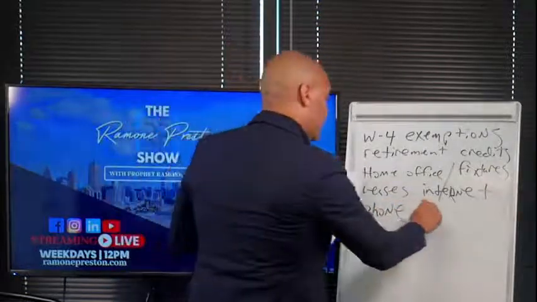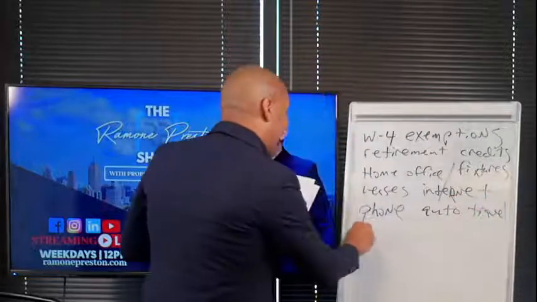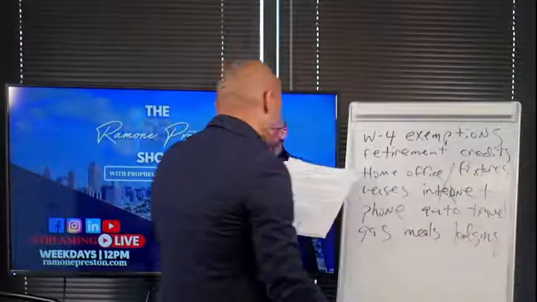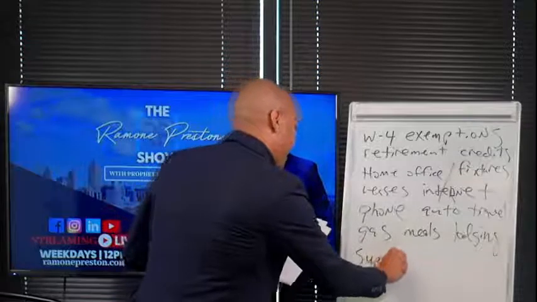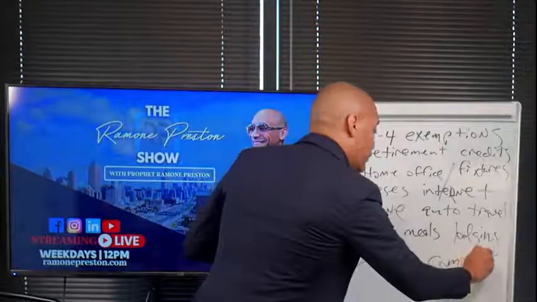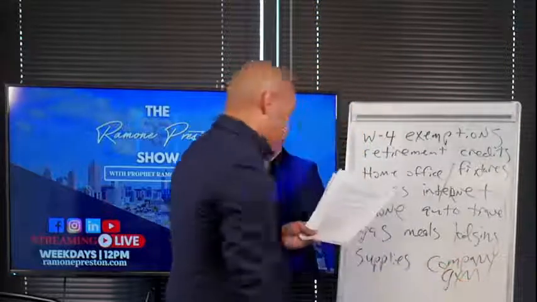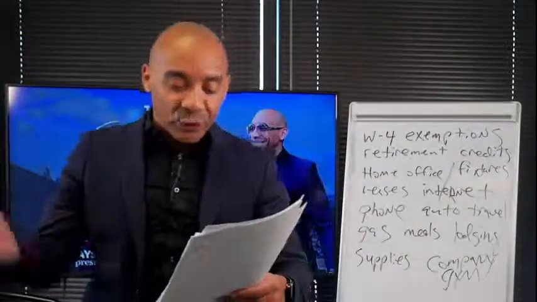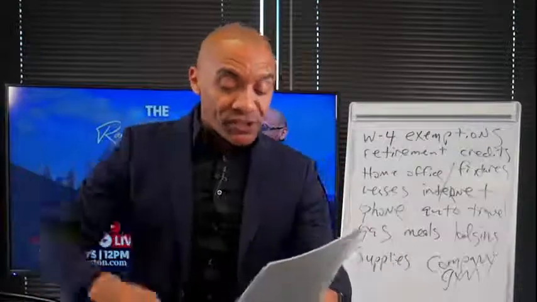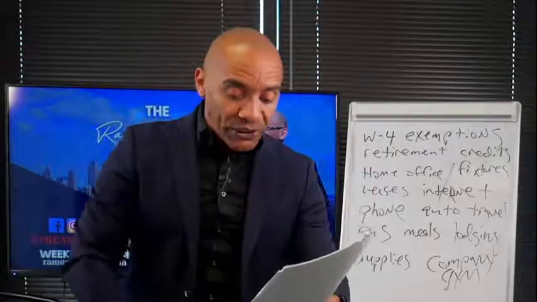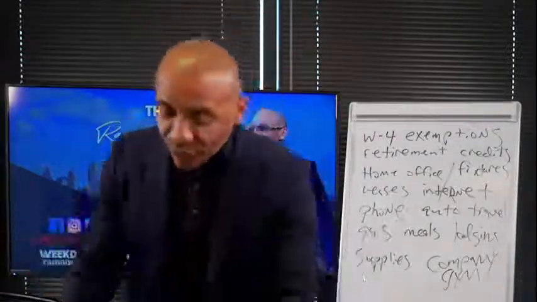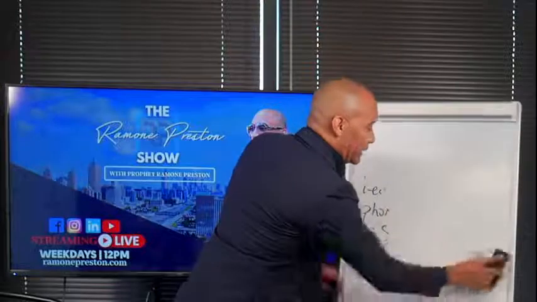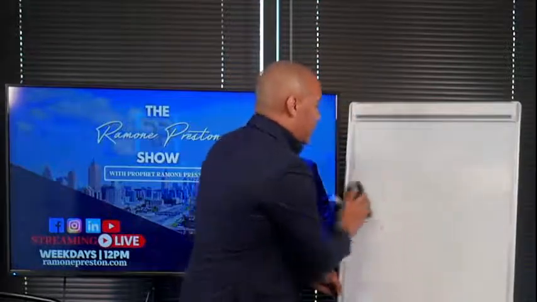Let's see, auto, travel, gas, meals, lodging. Oh my God. Supplies, company gym. You can use the gym for your company. Oh my God. Digital downloads, software, repairs, maintenance, employee training, equipment, depreciation. You can use promotions, commissions, conferences, storage, shipping, discounts, cleaning, uniforms, computers. I mean, you could use all these as deductions as a W-2 employee, a 1099 contractor, and a business owner.